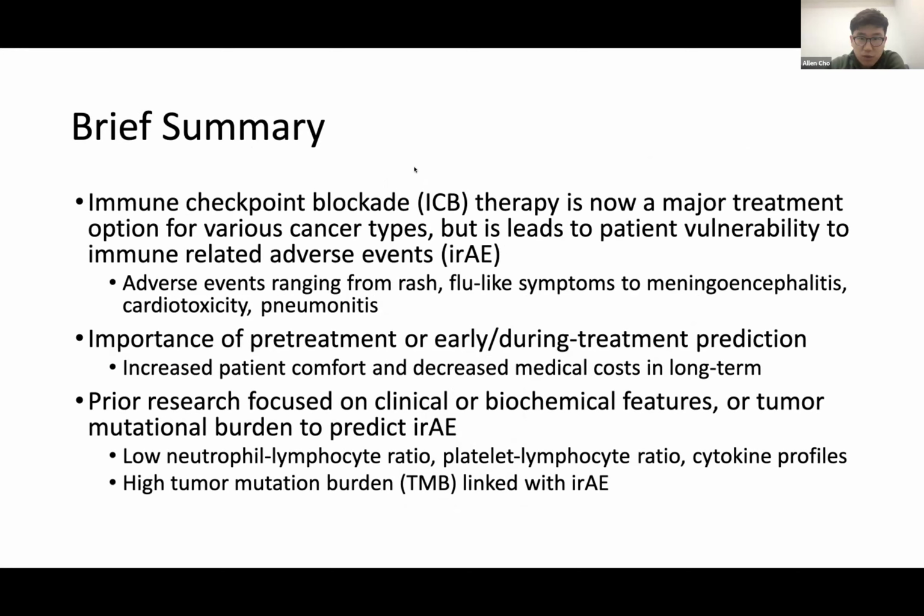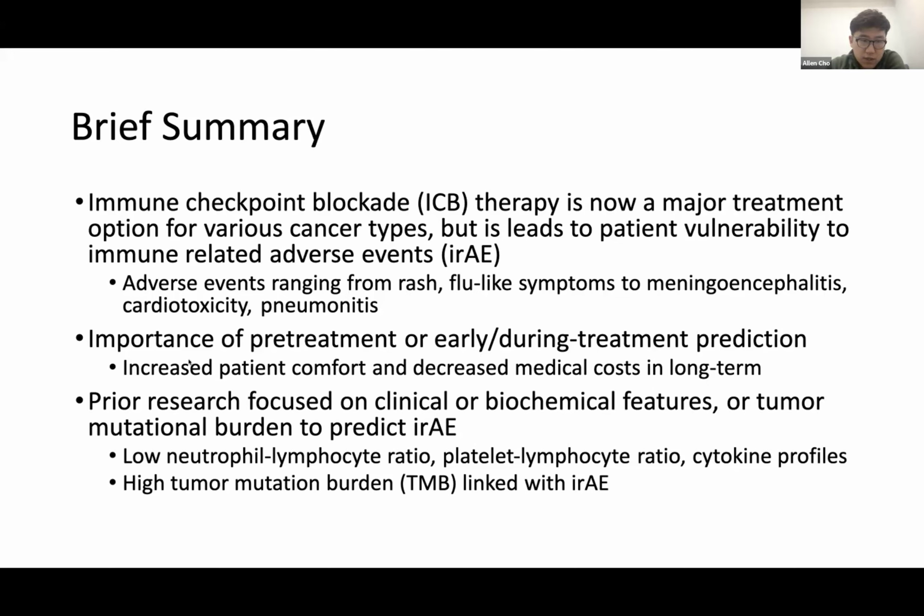We're looking at immune checkpoint blockade therapy, but the problem is it causes adverse events. There's a range of adverse events that you can see with the treatment. What we're looking for is to figure out whether patients will develop these side effects, to increase patient comfort as well as decrease medical costs.